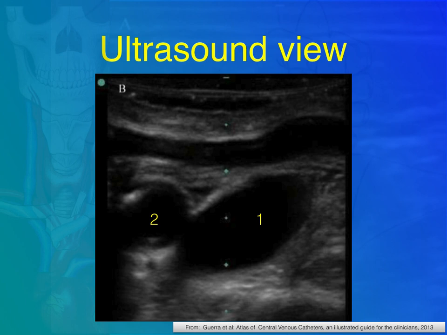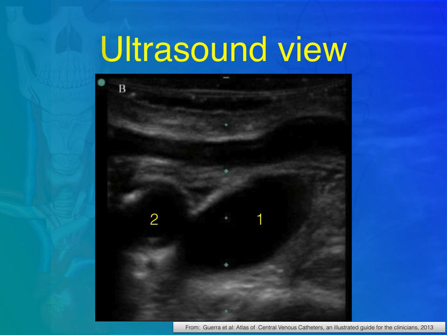Here, a transverse view of the internal jugular in 1. The carotid is also viewed here in 2. This patient has been placed in Trendelenburg position, and that's why you see an IJ that is larger than the carotid. So the IJ here is large, and this is very important.